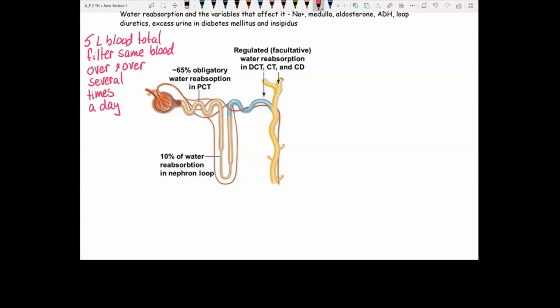Each time you filter your blood, water is removed. So water is a small molecule, and it's going to come out of the glomerulus and go into the filtrate.